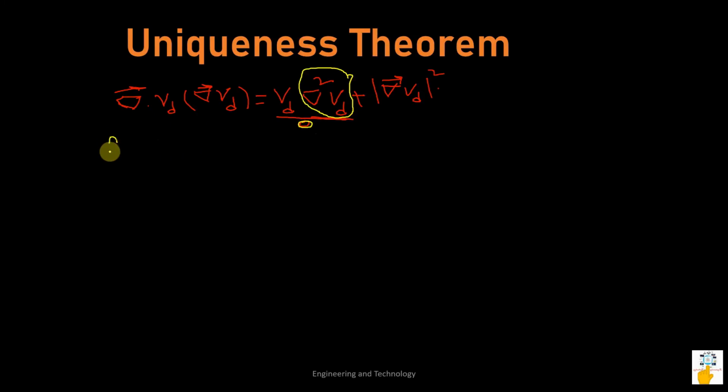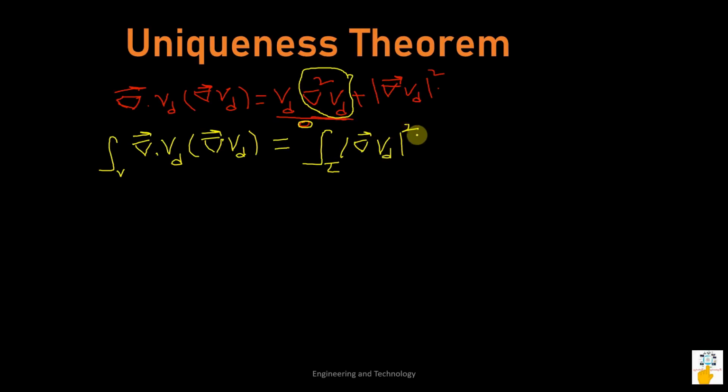Take the volume integral both sides. If you take the volume integral both sides, del dot Vd del Vd is equal to volume integral of this del Vd square dV. Now apply divergence theorem here. Divergence theorem is used to convert volume integral into surface integral.